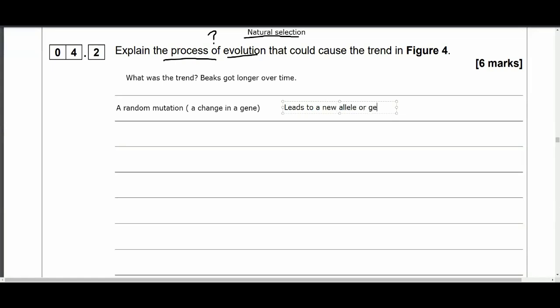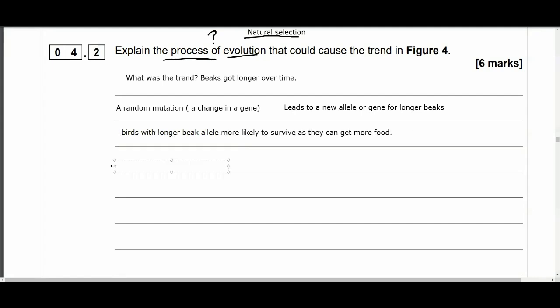So a random mutation, a change in a gene, leads to a new allele or gene for longer beaks. Birds with longer beaks are more likely to get more food, more energy. You can just roll with whatever it is in the question here, which means they're more likely to survive. Now, that's the important bit. The change in the gene makes them more likely to survive.